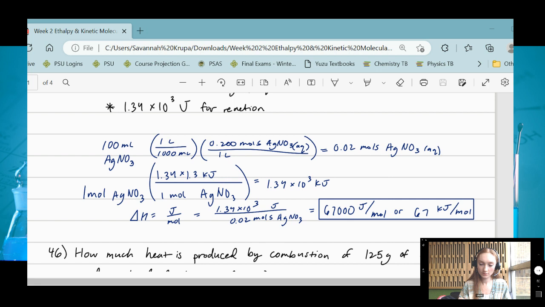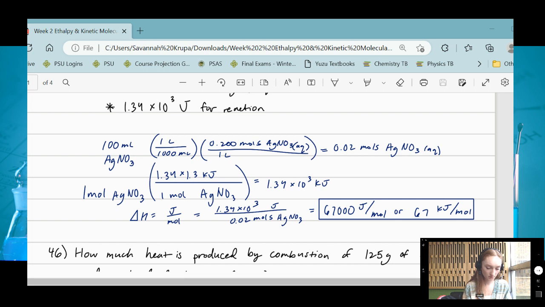And so since we have the energy here, and this is of the AgNO3, since we have the energy and the amount of moles of this, we can just divide the two, and then we will get the delta enthalpy for this. So let's write that down.